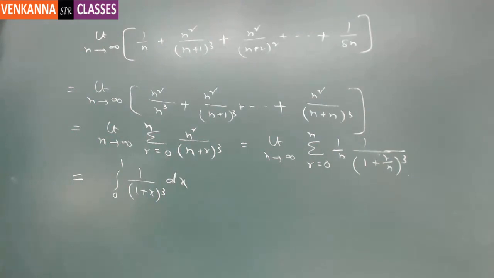Accepted? Please check on the conversion. However, if you have a doubt, then you can say that replace r by n with x, 1 by n with dx, limit n tends to infinity sigma with integral 0 to 1. As a rough way, you can mention like that. Or simply, you can provide it since integral as a limit of sum, because here, what is the function you are taking? 1 plus r by n, right?